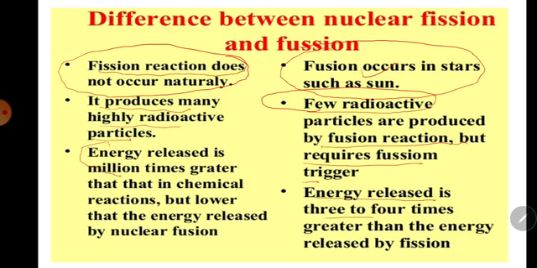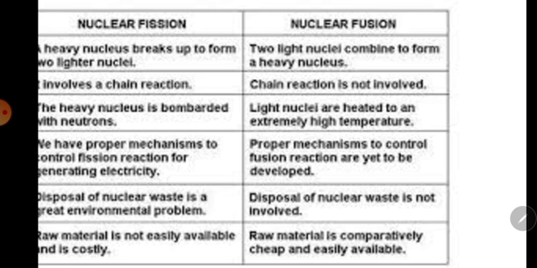Energy released is 3 to 4 times greater than the energy released by fission. So during the fission process, less energy is released as compared to the fusion process. But during the fission process, larger energy is released as compared to a chemical process.